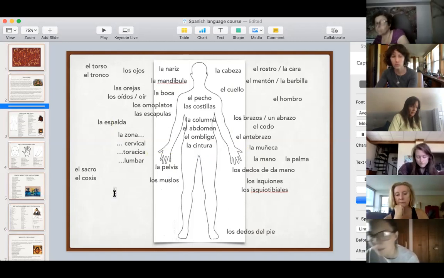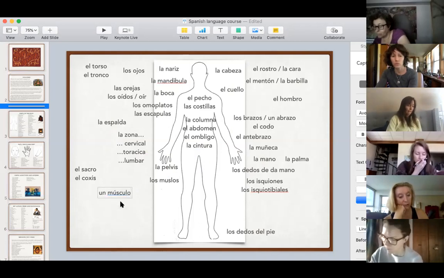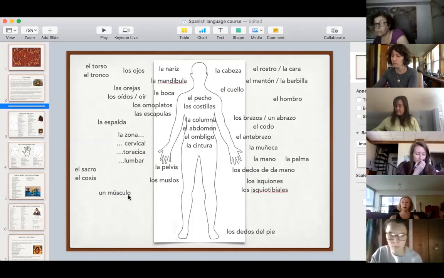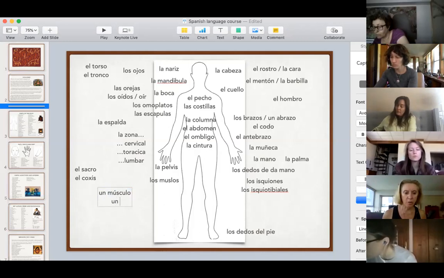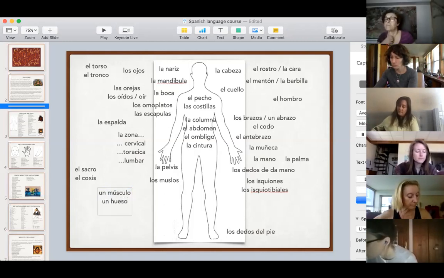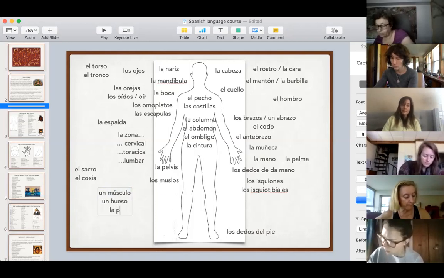Because muslo means thigh, but un músculo with a C and with an accent is the word for a muscle, right? Un músculo. What's the word for a bone? Hueso. Un hueso. What's the word for skin? Piel. La piel. Good.